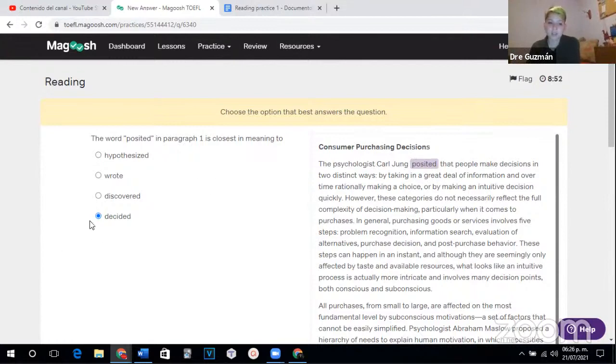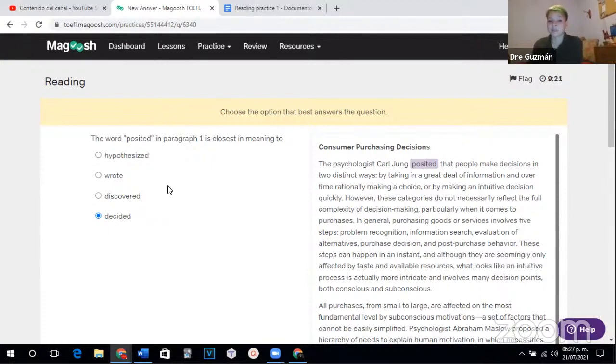Who's deciding? Pues, si reemplazamos acá, Carl Jung decided that people make decisions. No, I was referring to the people deciding to make those decisions. The word posited then, what would it mean? Si estamos hablando de la acción que hace este psicólogo Carl Jung, what does he do about this?